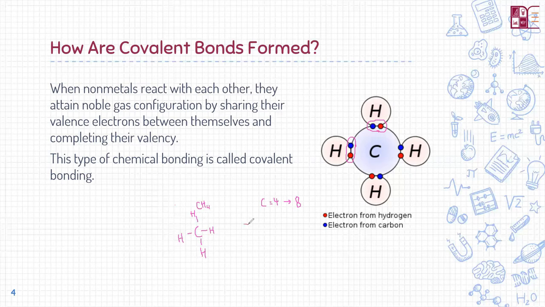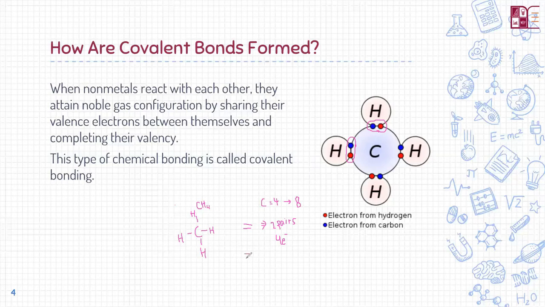For example, if there is a double bond, then 2 pairs of electrons will be shared, or 4 electrons will be shared between the two atoms. One pair has two electrons, so we just represent it with one single bond.